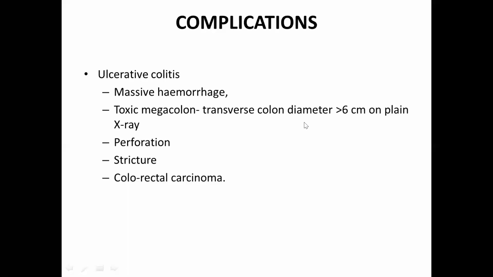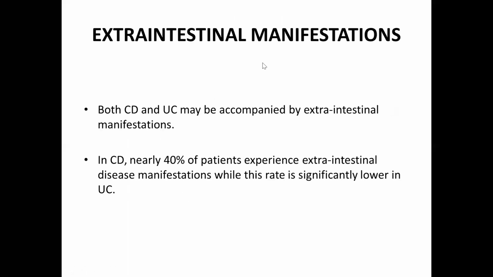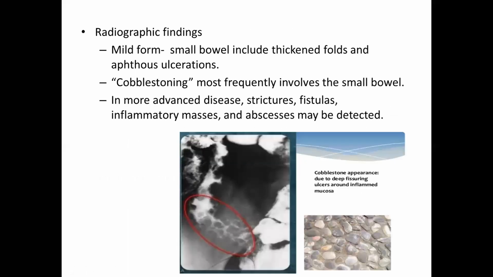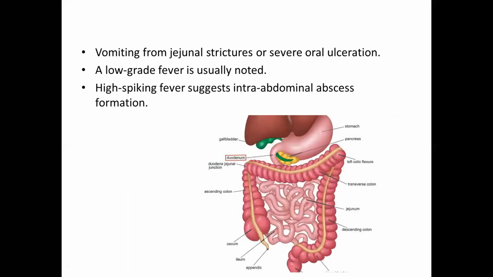That is again a differentiating point. And mostly the inflammation is continuous in ulcerative colitis and segmental in Crohn's disease. These are a few differentiating points you should remember while describing these two conditions.